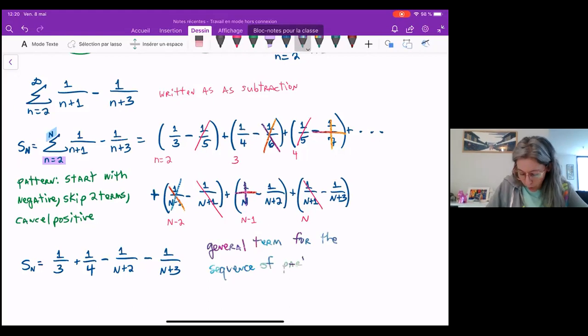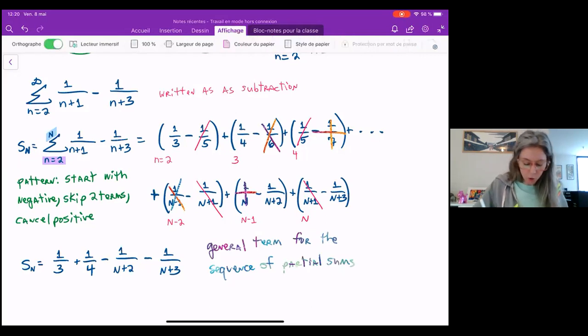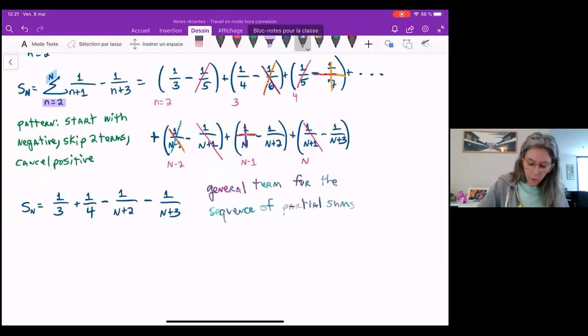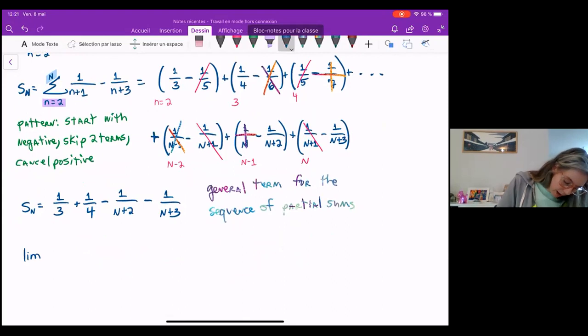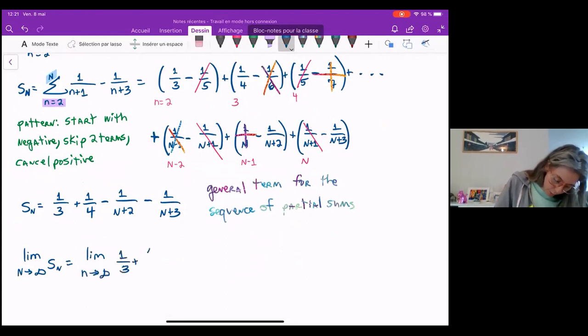And this is useful because I know that the sequence of partial sums and the series are doing the same thing. So what that means is now I can evaluate the limit as n approaches infinity of s sub n, limit as n approaches infinity of 1/3 plus 1/4 minus 1 over n plus 2 minus 1 over n plus 3.